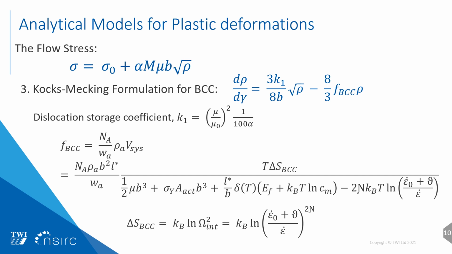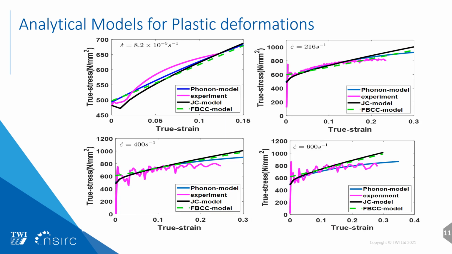With this equation, we obtain the flow stress at different strain intervals. The three analytical models in correlation with the experimental values are shown at different strain rates here, and we use four different strain rates, and we could see there is a good correlation between the three models and the experimental one.